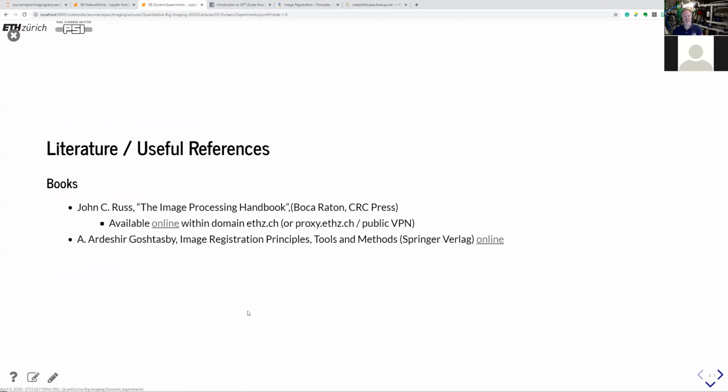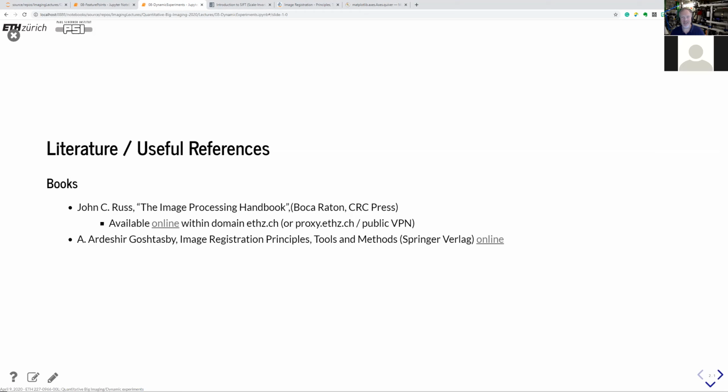So the literature, the always returning John Ross tells us always something good. A new book, if you're interested in this topic, I would recommend the book Image Registration Principles by Ardeshir Goshtasby.